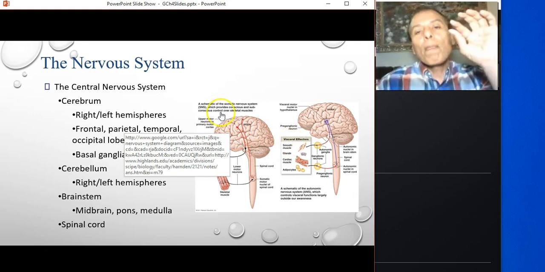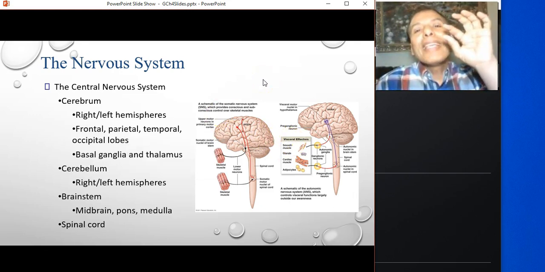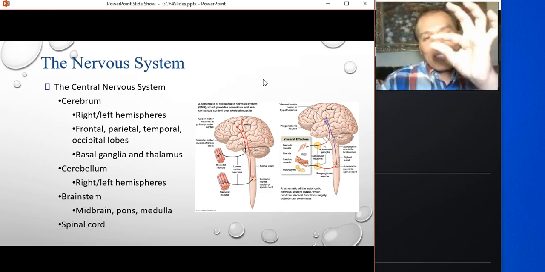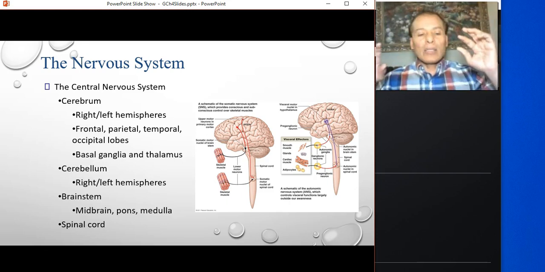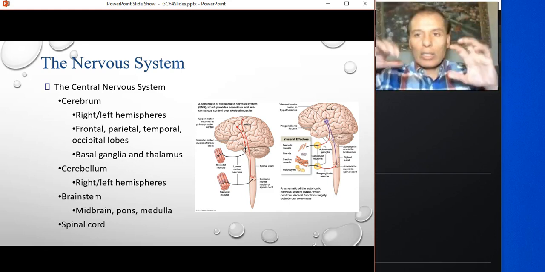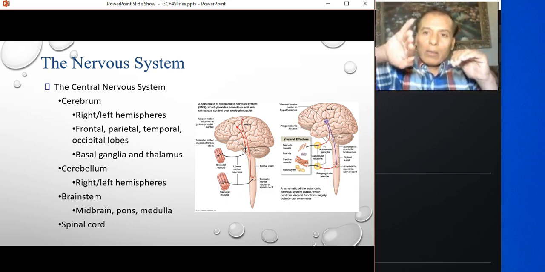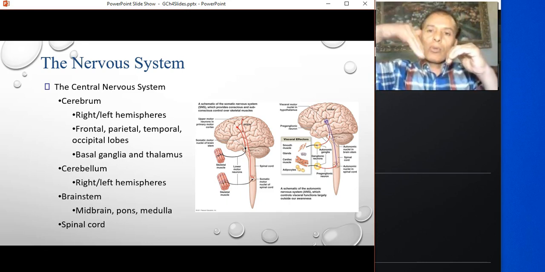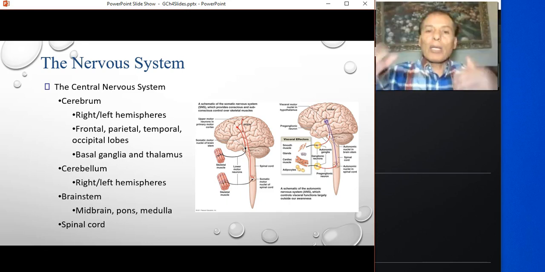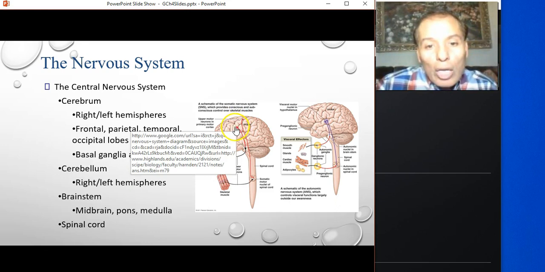That is 4 millimeters thick, very, very small. And it is folded and convoluted, and it makes areas that we call sulci, and areas that go up like mountains, we call them gyri.